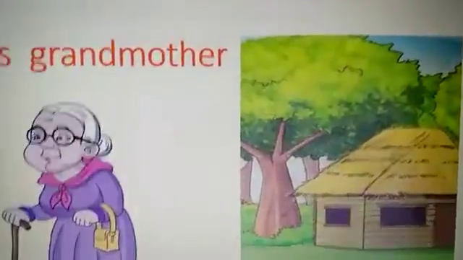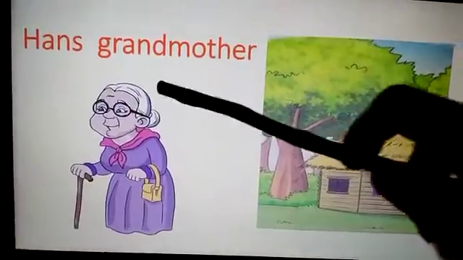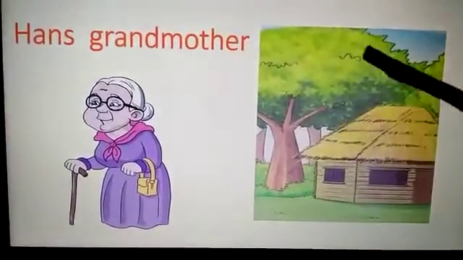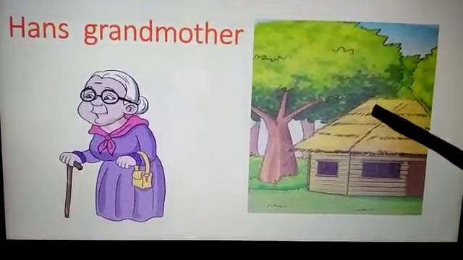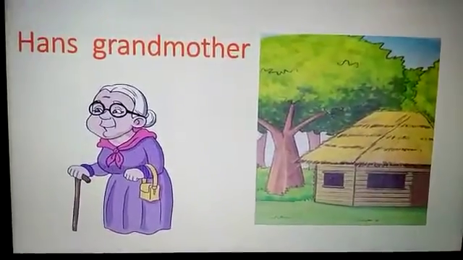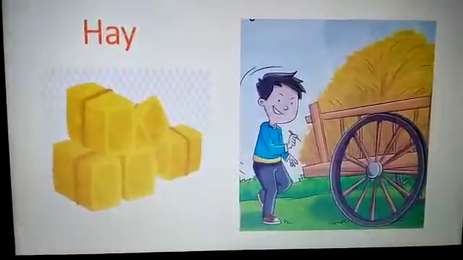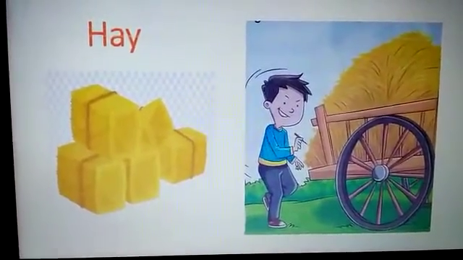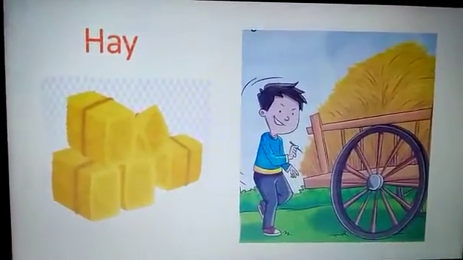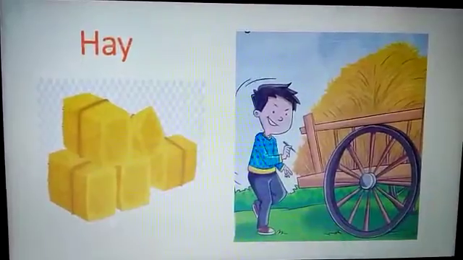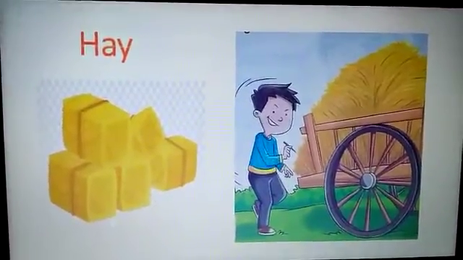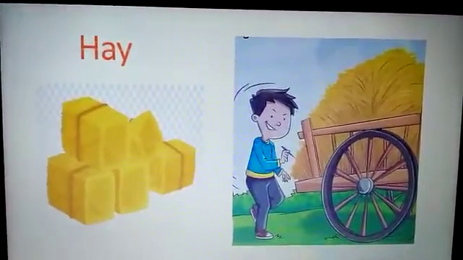First, at the beginning of the story, you will see Hans is going to visit his grandmother's house, where his grandmother gave him a needle, and he put the needle in the hay cart and moved behind the cart.